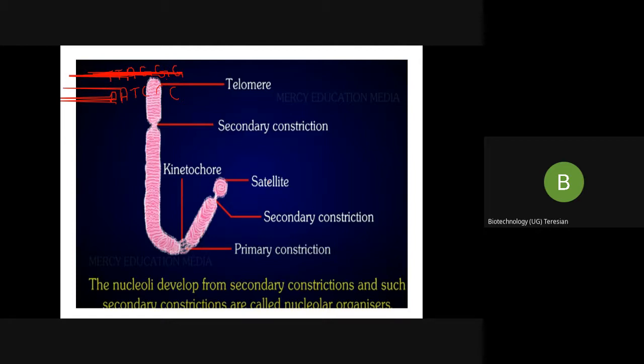So if you look at the satellite, okay, in prokaryotes, each gene or DNA sequence is represented only once in the genome. Whereas on the other hand, in eukaryotes, certain DNA sequences are repeated many times along the length of the chromosomes. Sometimes as many as a million times.